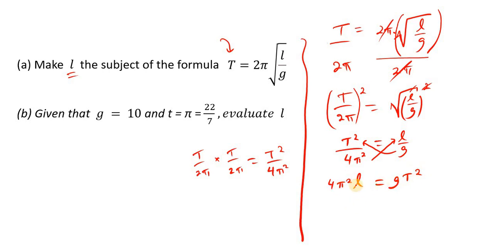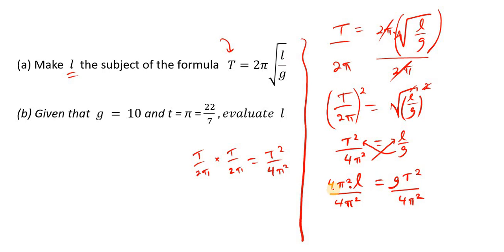Now, keep our eyes focused on the left-hand side. We're trying to make L the subject. So we ask the question, how is 4 pi squared connected to L? Of course, by multiplication. 4 pi squared is multiplying L. So to get rid of 4 pi squared, we'll need to divide by 4 pi squared. I remember what was said before is that because we are multiplying in the numerator, it allows us to cancel one of the factors in the numerator with that in the denominator, as long as they have a common factor.